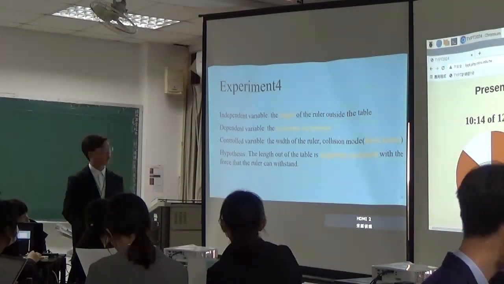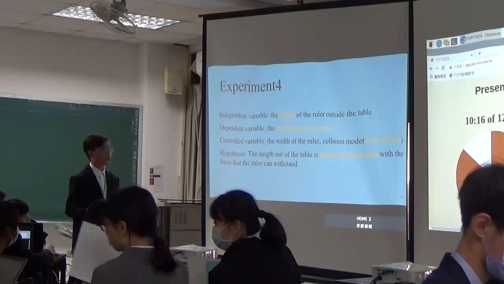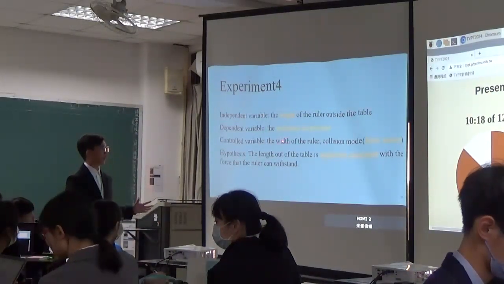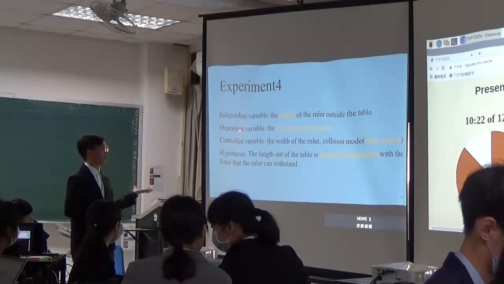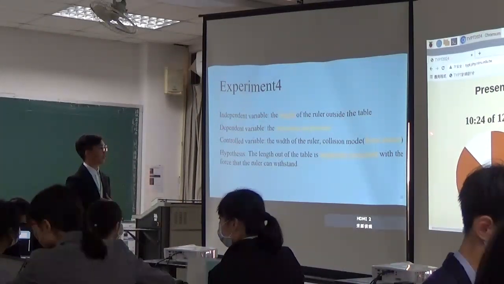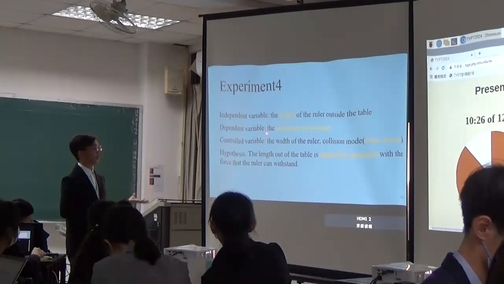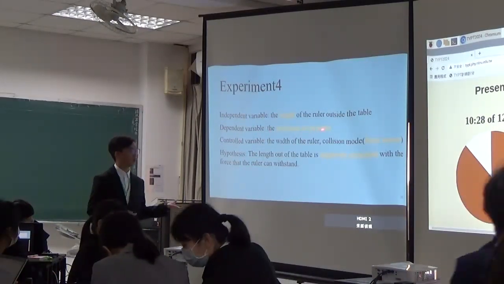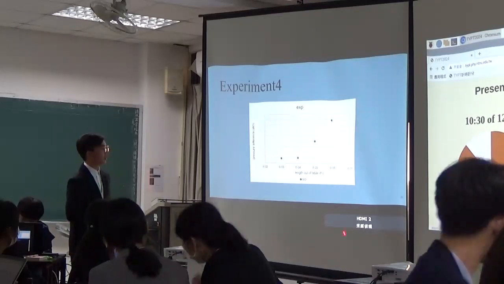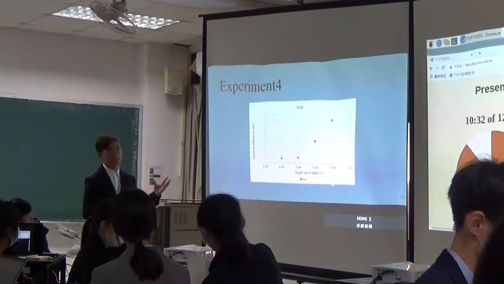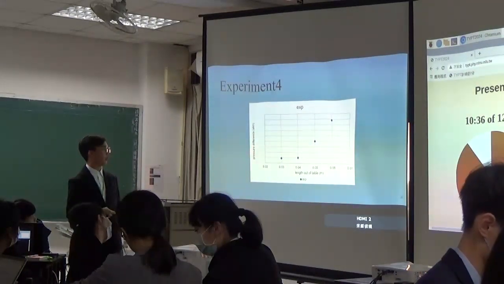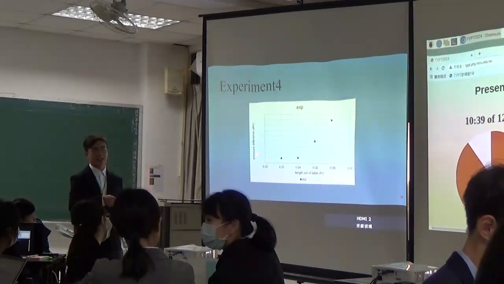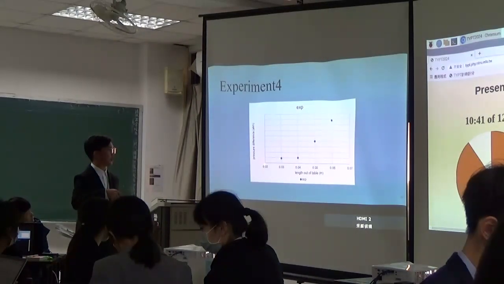Our next experiment also has the length of the ruler outside the table as the independent variable. We are calculating the minimum air pressure. As you can see, if there is more length outside the table, we need more air pressure, with values here from 0 to 0.9.